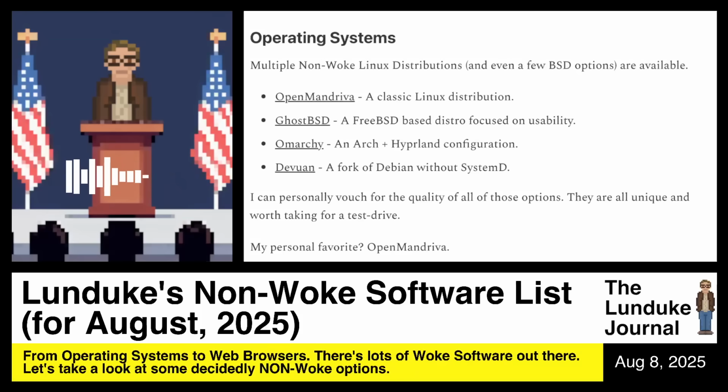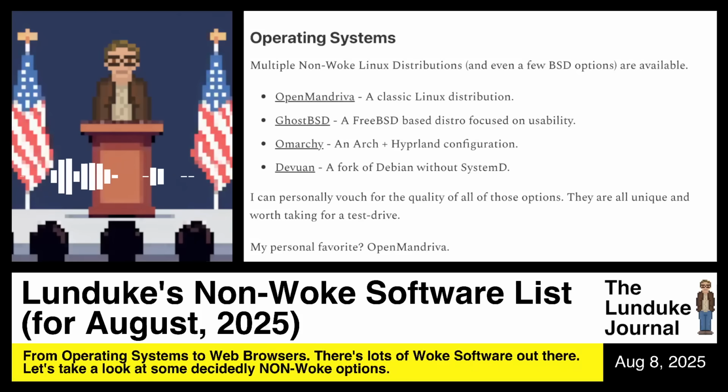And a new one on the list this month is Omarchy. Omarchy is not so much a distribution in and of itself. It describes itself as an Arch plus Hyprland configuration.